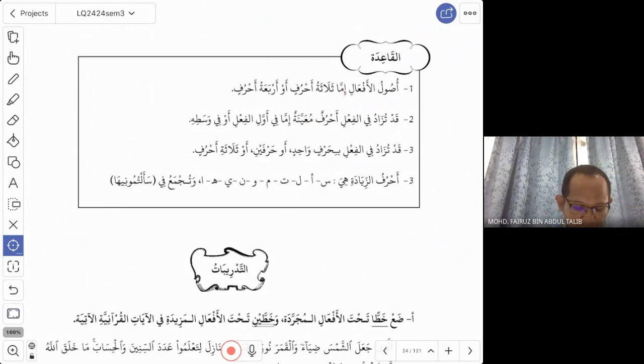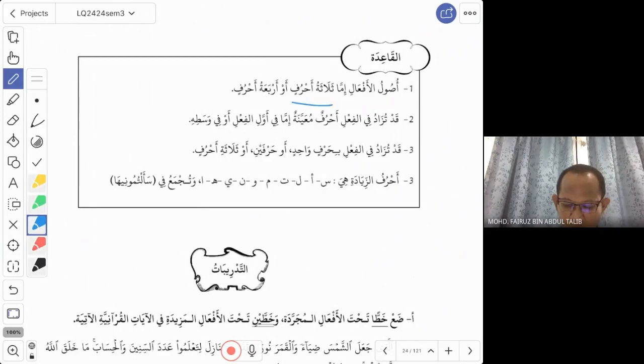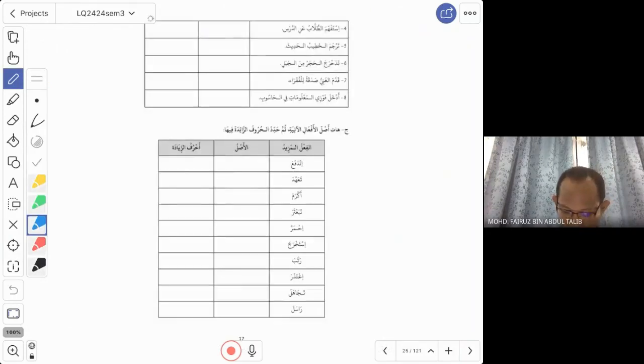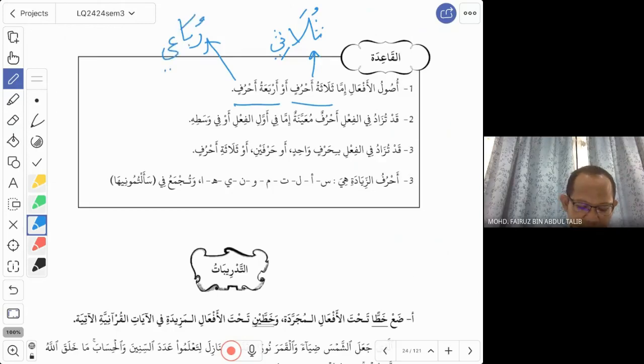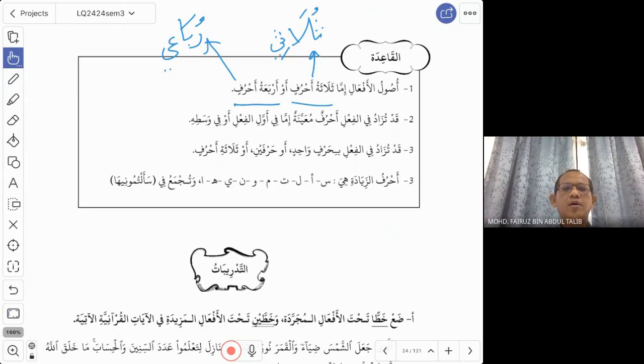This is what we call sulasi just now. 3-letter huruf, sulasi. Aw arba'atu ahruf, or 4 letters, what we call rubai. Okay, so this is to explain that fi'l is either sulasi or rubai, 3 letters or 4 letters.